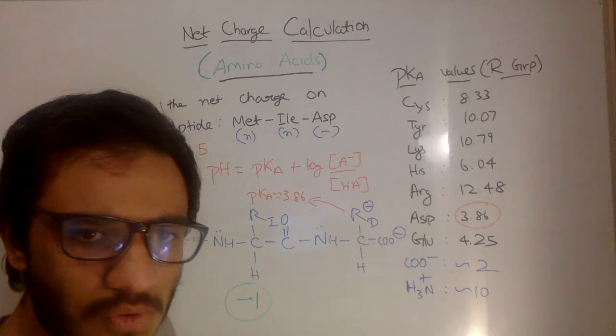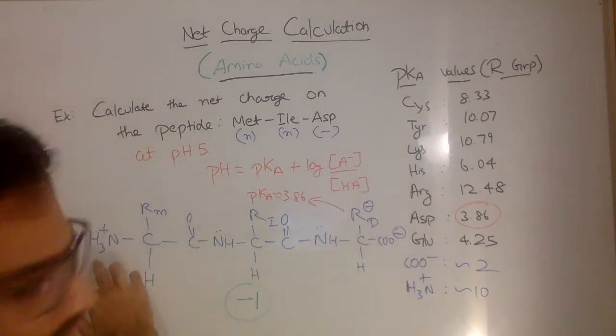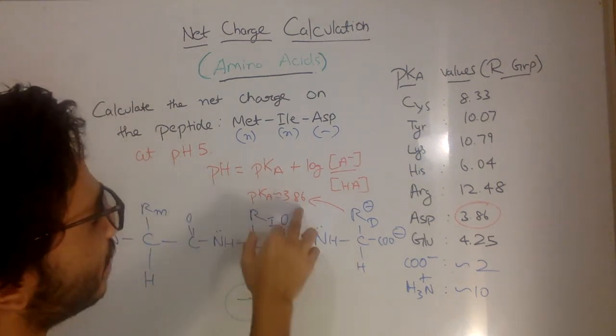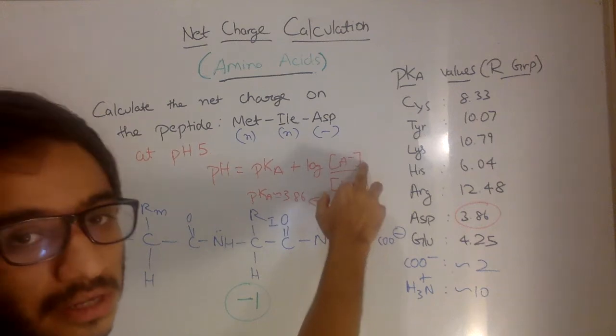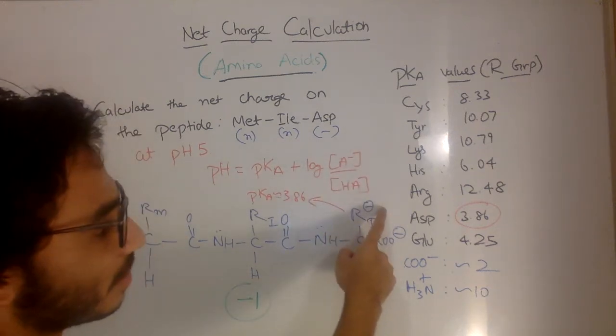So we can take that into account and do calculations on this R group as we did on the carboxy and N terminus. We can see that its pKa is less than the pH, so it will exist in the deprotonated form, and that's why it is negatively charged.